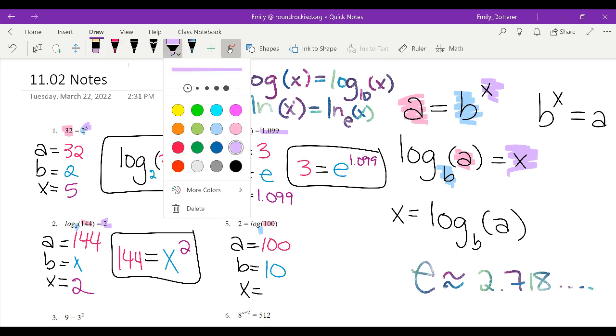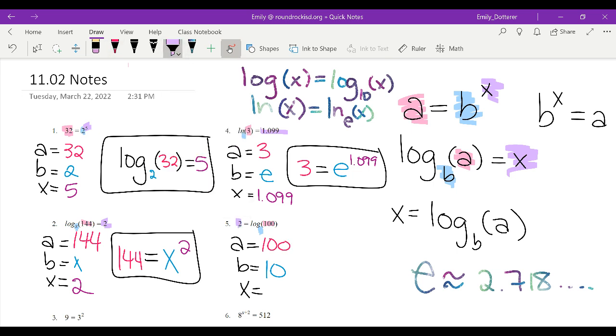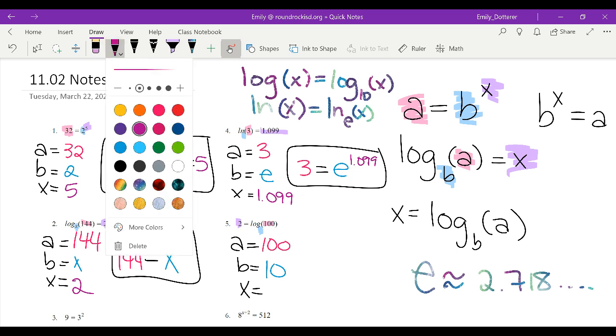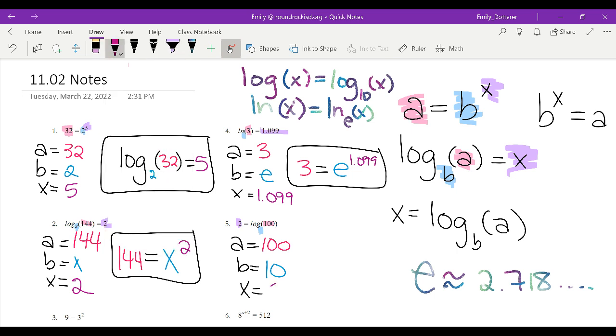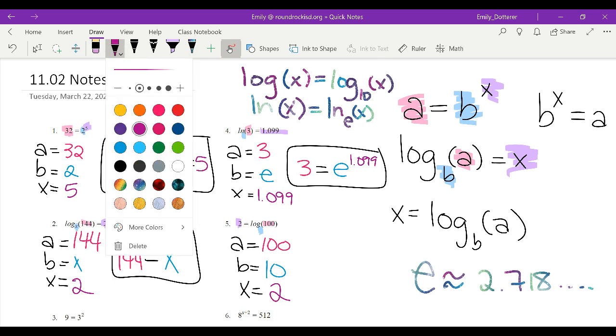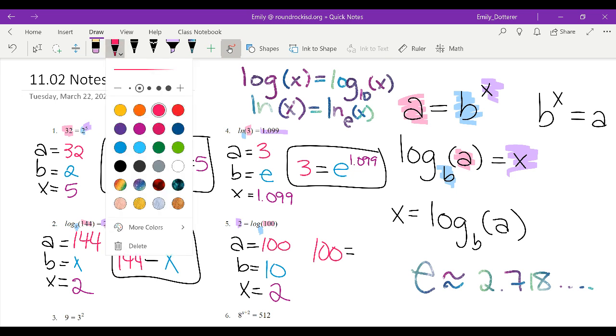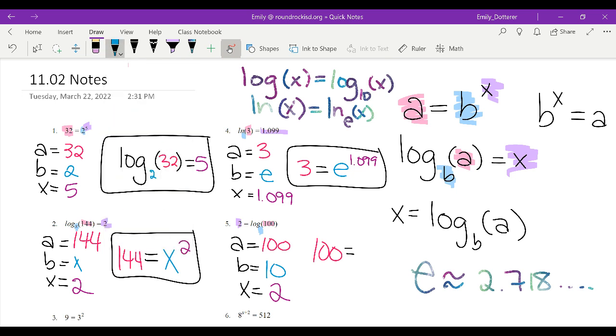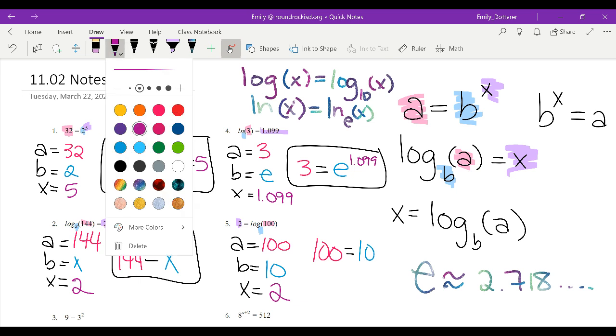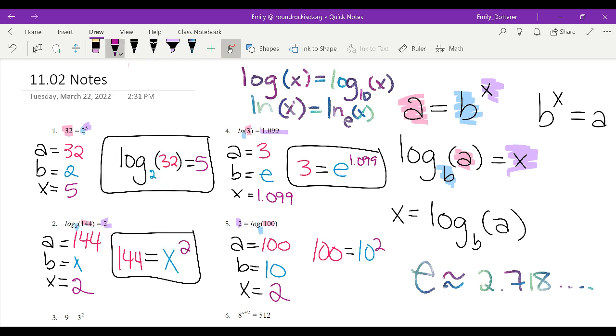X is what the log is equal to. In this case, that's 2. And then we've got A equals B to the X.